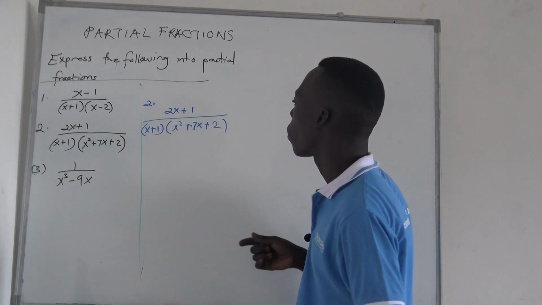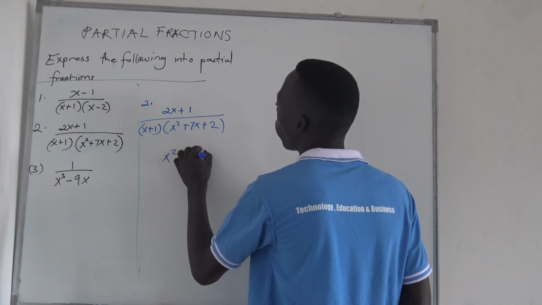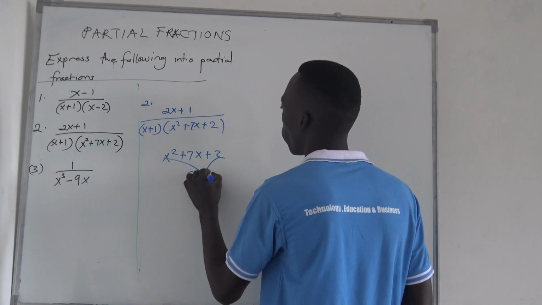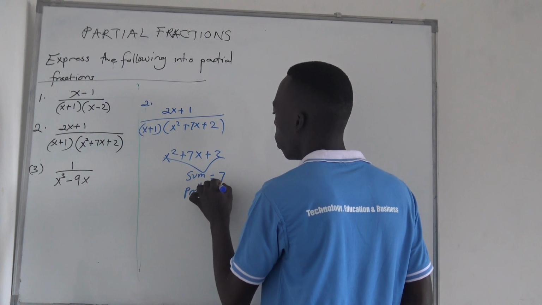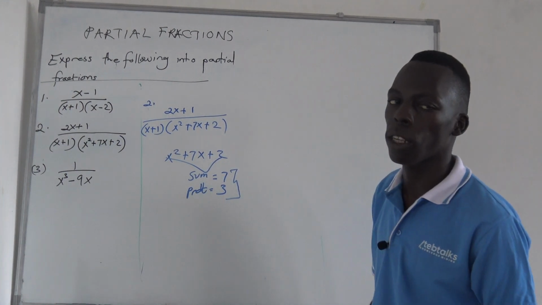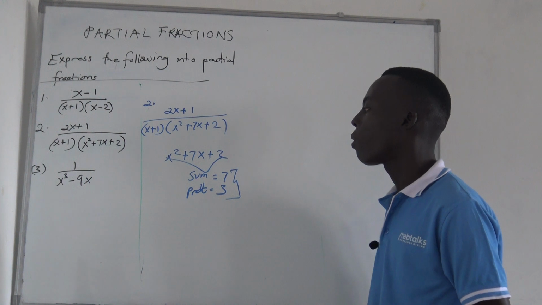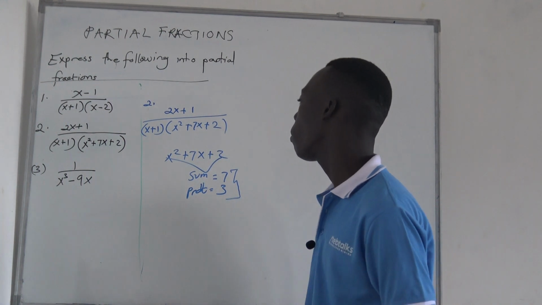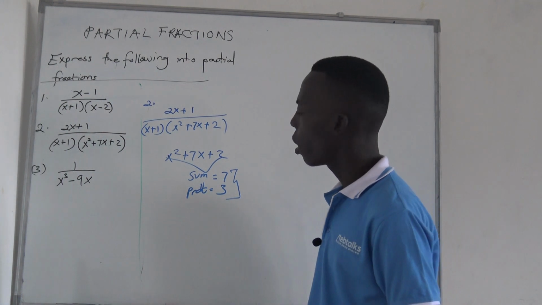So for this case, when you try to consider the x squared plus 7x plus 2, the sum is 7, the product is 3. So when you get the two numbers which when added get 7, and when you multiply them get 3, you will find that they are not there, because 1 plus 6 is 7, and 1 times 6 is not 3.